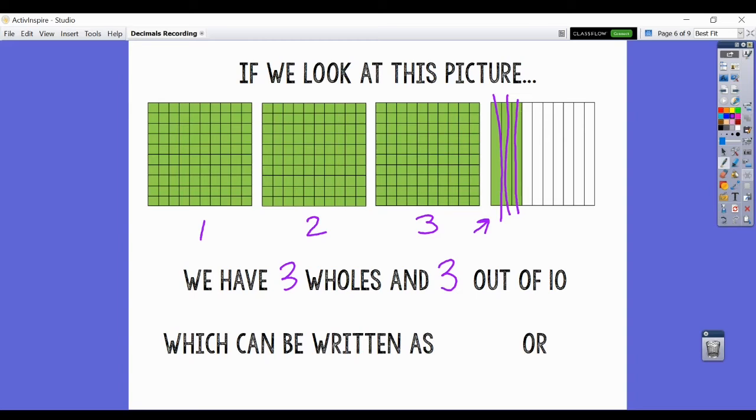So 3 out of 10, which, if I asked you to write this as a fraction, would be a mixed number, and it would be 3 3/10. Or we could rewrite this using decimals. It's 3, this little decimal becomes the "and," and then the 3 is in the tenths place, so you read this the same as 3 3/10.